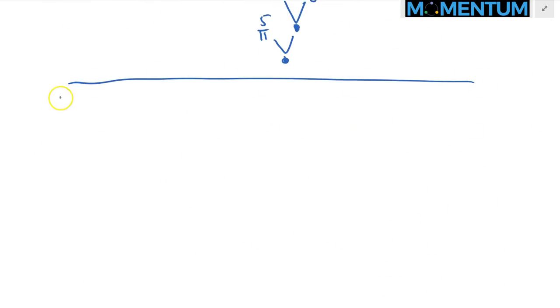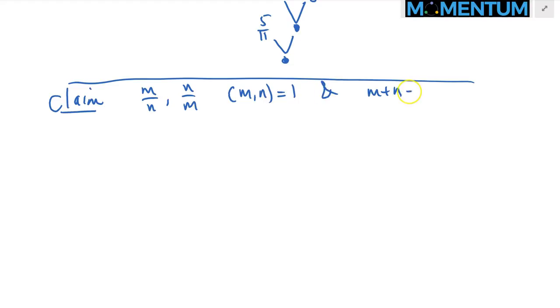So far, our claim was that if you start with m over n and n over m, where m and n are relatively prime, and m plus n is 2 to the power k, then using the arithmetic mean we can reach 1.